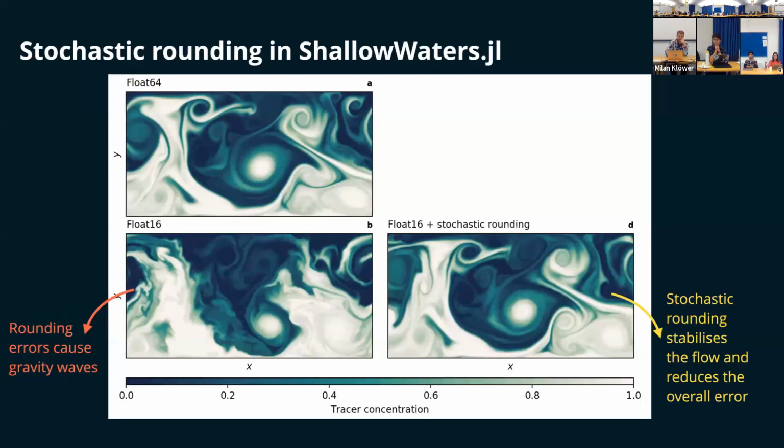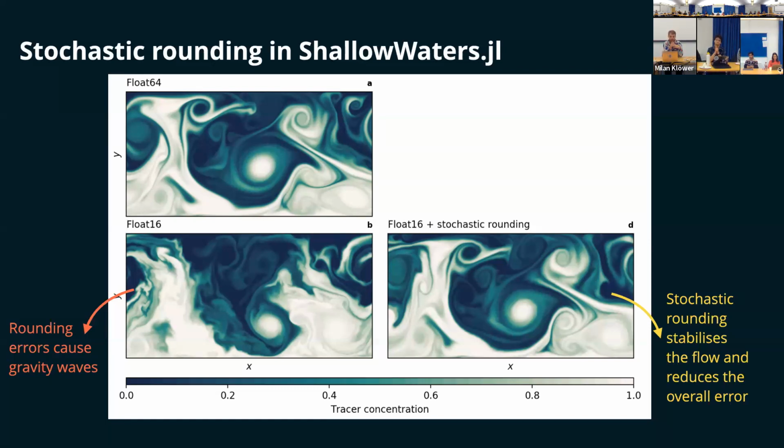But in this situation, because the shallow water system is still relatively simple, I realized at some point that a lot of the rounding error was kicking in the continuity equation and was causing the flow to be not as balanced in terms of its geostrophic balance.